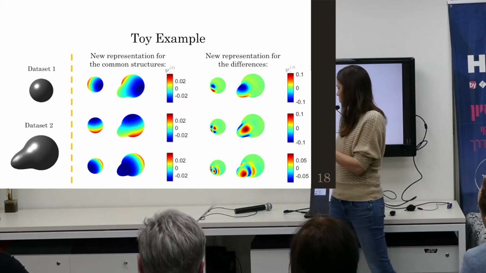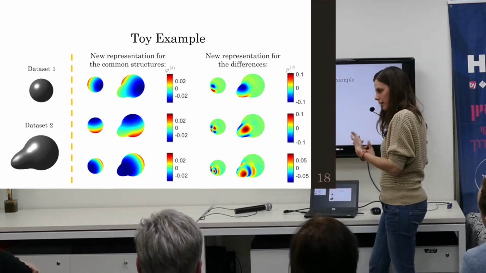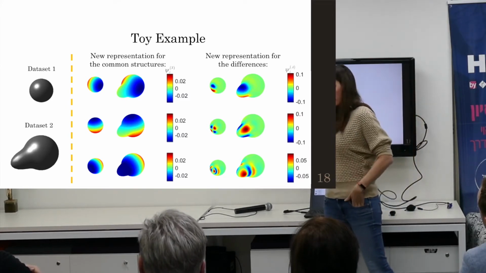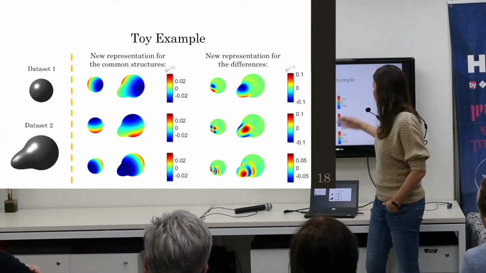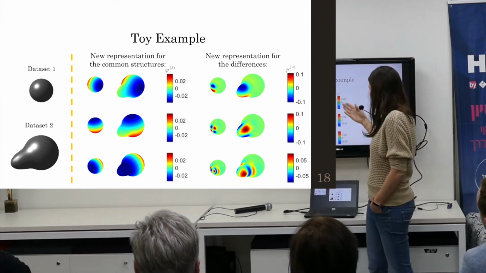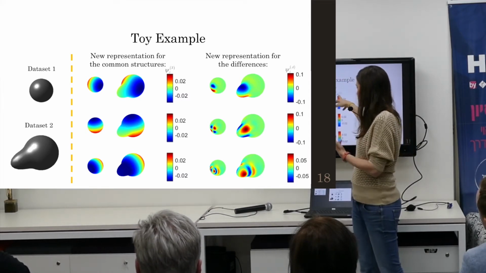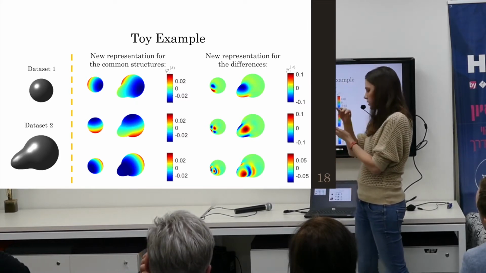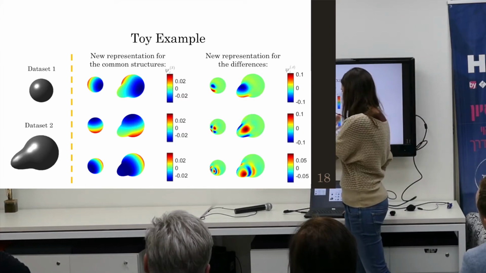And from these two diffusion operators, we composed operator S and operator A and their representations. So first of all, we colored the sphere and sphere with the bump according to the new representation from S. And it looks like this. So we got the first three coordinates of the new representation based on S, and we see that it characterizes the smooth sphere structures, which are related to the common structures between the two.